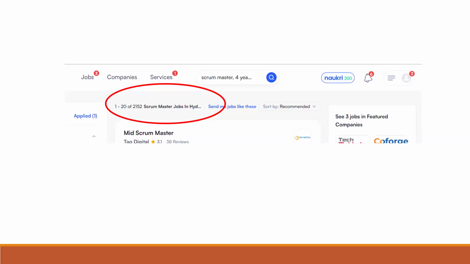So if you consider all these things, yes, the Scrum Master has a very good demand outside, and this is very easy. It is not just for IT people who are technically aware. Anyone who has good communication skills and a good understanding of the process can easily switch over into the Scrum Master role.